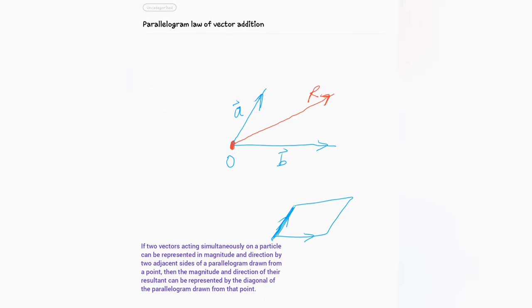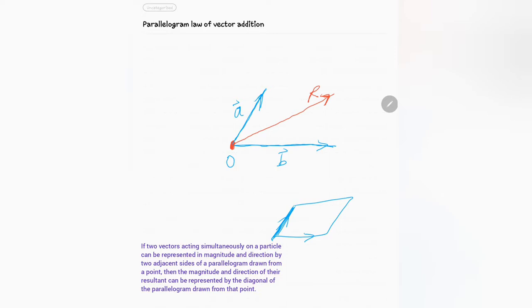So it states again, one more time, that if two vectors acting on a particle at the same time can be represented in magnitude and direction by the adjacent sides of a parallelogram, A and B in this case, then the resultant vector of A and B can be represented in magnitude and direction by the diagonal of the parallelogram drawn from the point of intersection of vectors A and B.